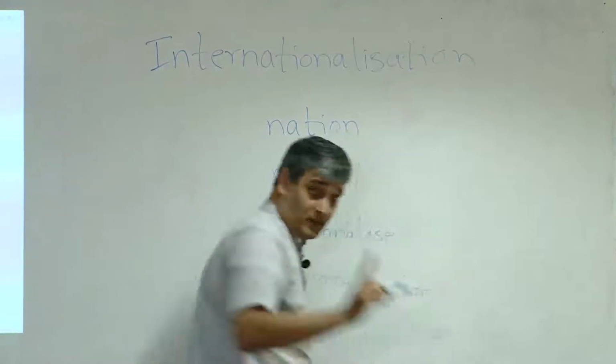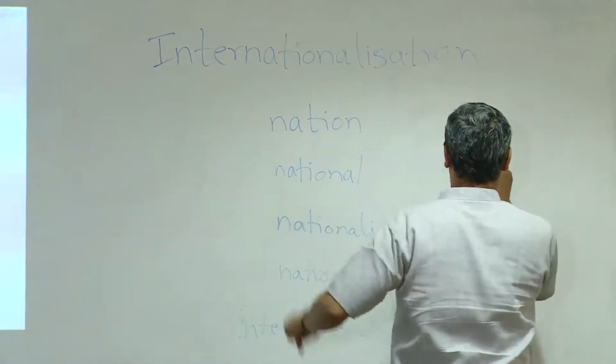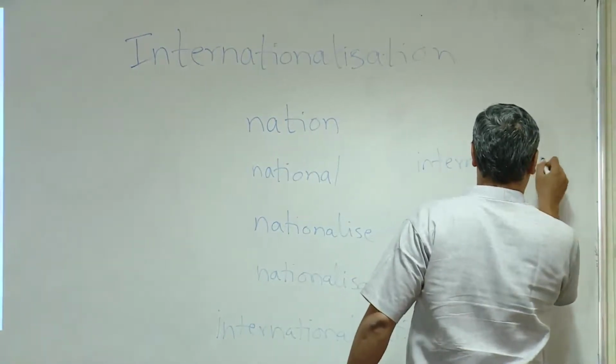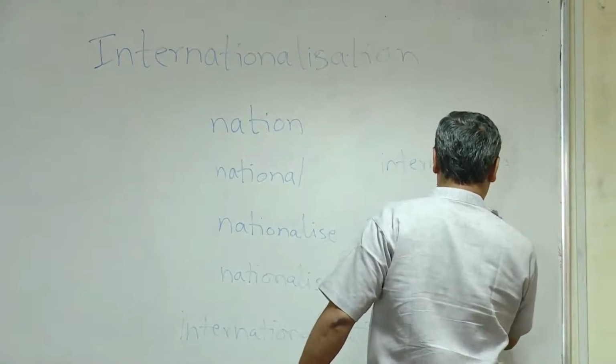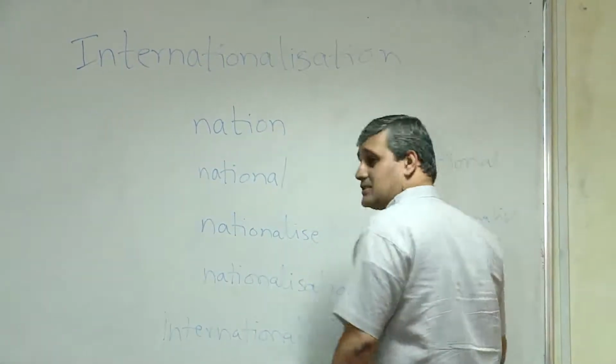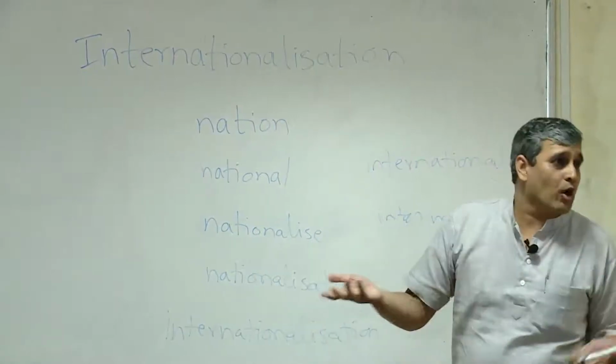That is one way, but you could very well have international over here and then internationalize and then internationalization. It is possible, there is no right or wrong about it.